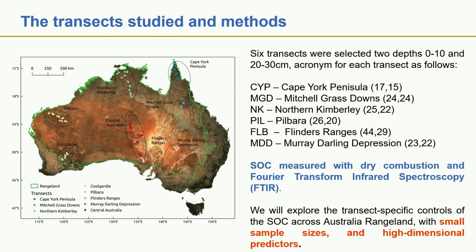In this study, we explore the transect-specific controls of soil carbon across Australian regions with small sample sizes and high-dimensional predictors.